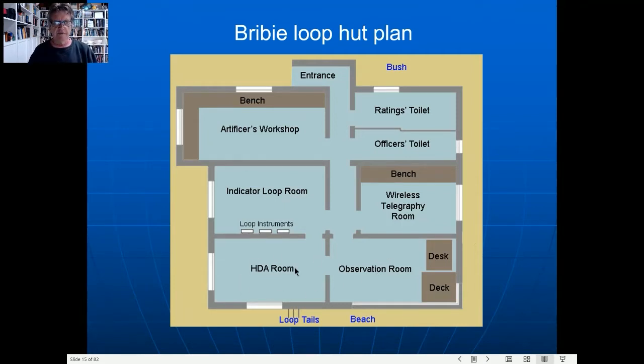This is the Harbour Defence ASDIC room, so the HDA room. We're not really talking about that today. Indicator loop room where the watchkeepers, the ratings, would have sat. There were just stools here in front of these instruments, and they would have had two watchkeepers on, two ratings on at a time, watching those loop instruments on the wall.